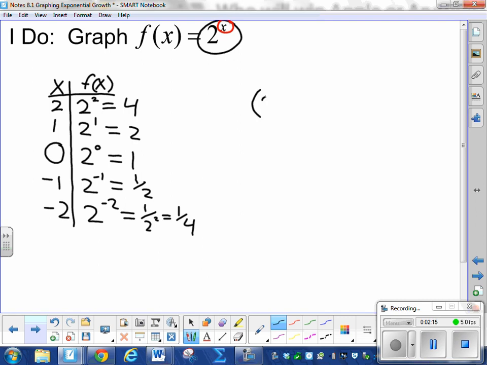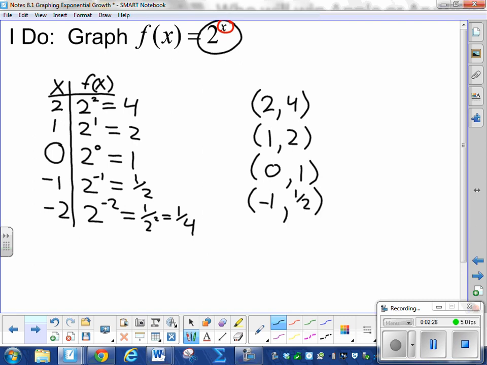So the points you are going to plot are (2, 4), (1, 2), (0, 1), (negative 1, 1/2), and (negative 2, 1/4). Now, if you notice here, as our x values start big and get smaller, the same thing is happening to our y values.